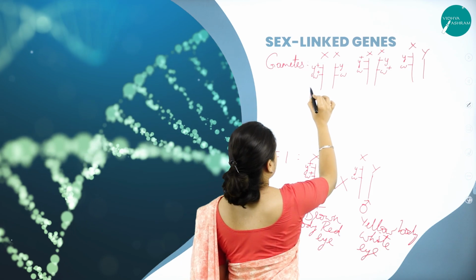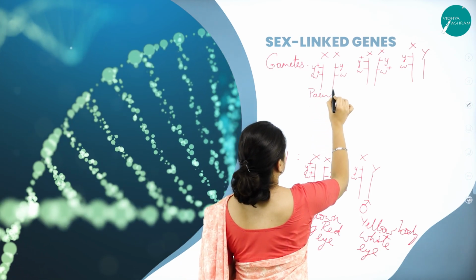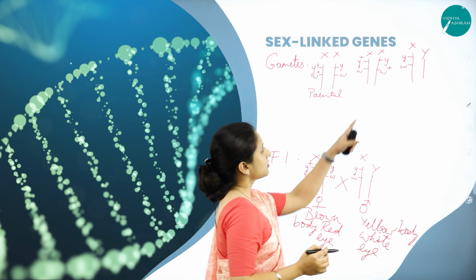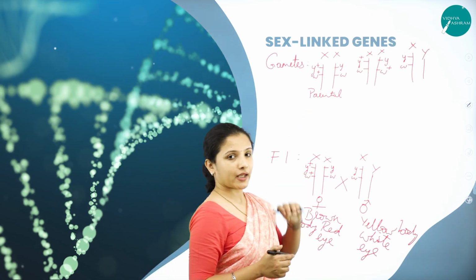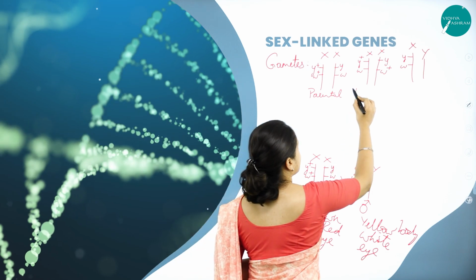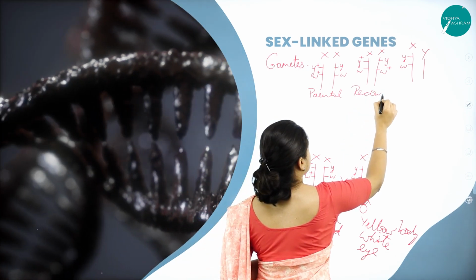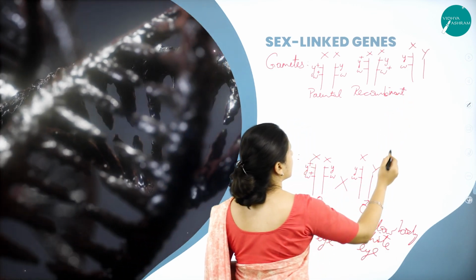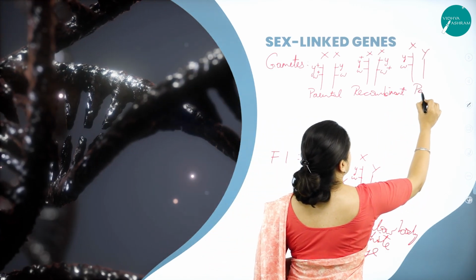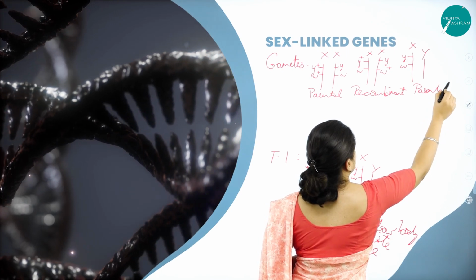So this is parental. Now here recombination has occurred. So this is parental and here recombination has occurred. This is the recombinant. And again here this is also parental.